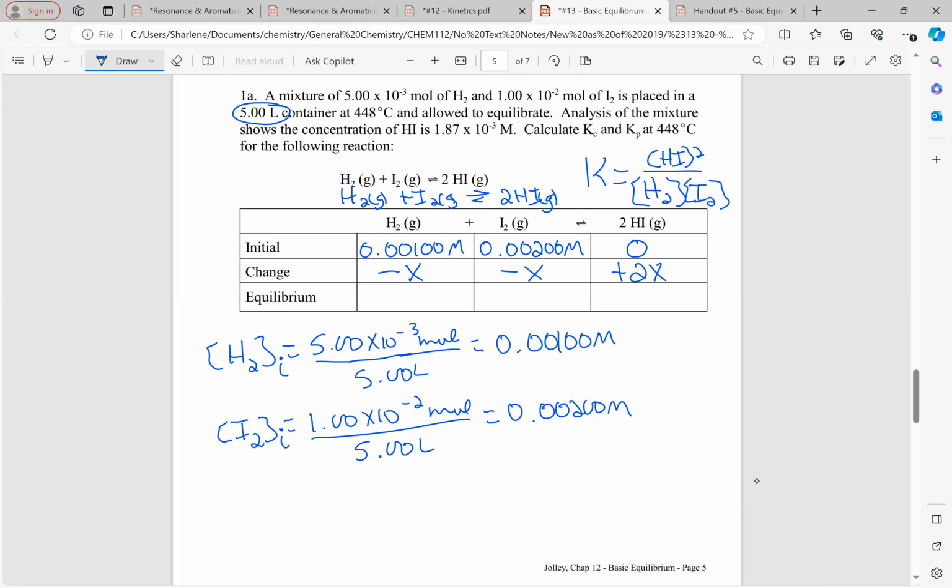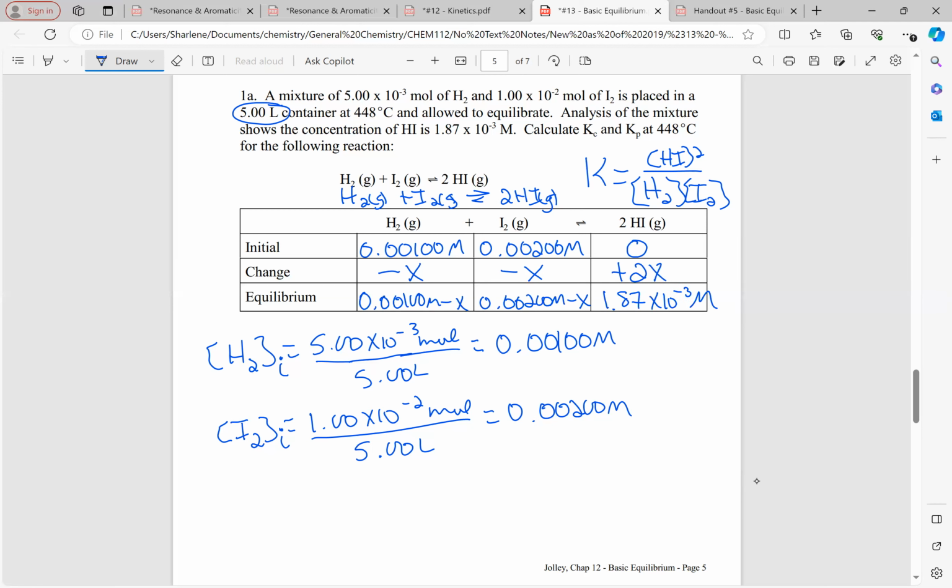And if I do the calculated values, it's going to be that one, that one, and over here it would just be 2x, but I gave you 1.87 times 10 to the minus 3.